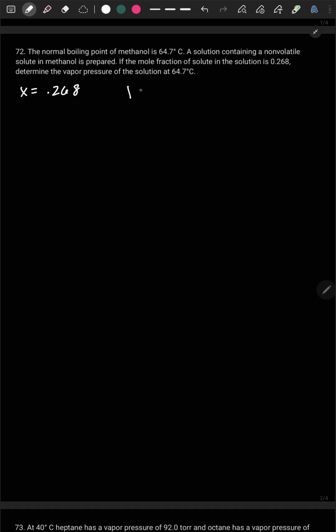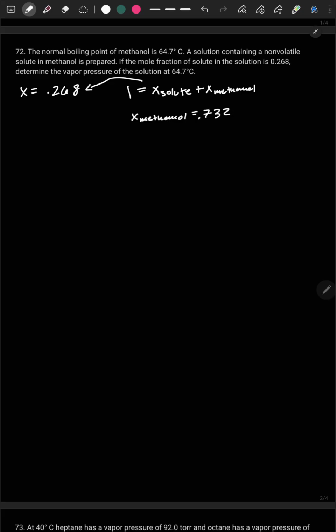So we take this X of the solute plus the X of the methanol and add it up to get 1. So instead we'll just subtract this X of solute, which we already know, and we'll get X of methanol, or the mole fraction of methanol, to be 0.732.